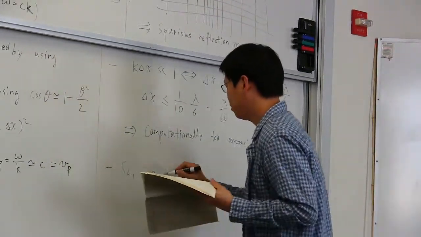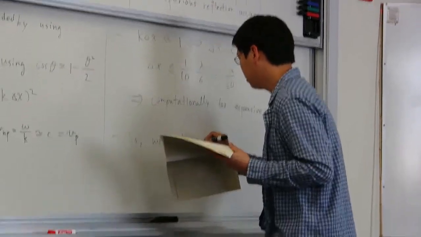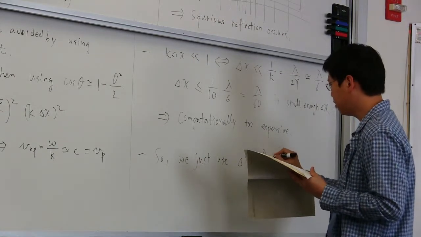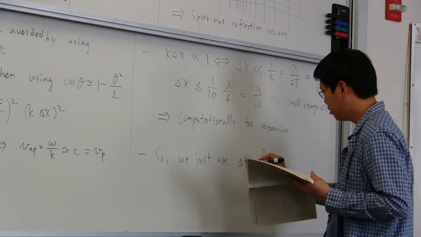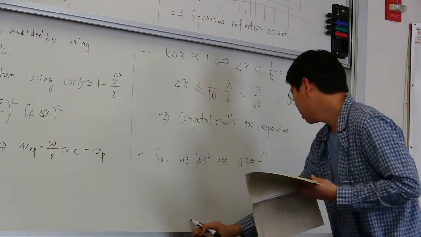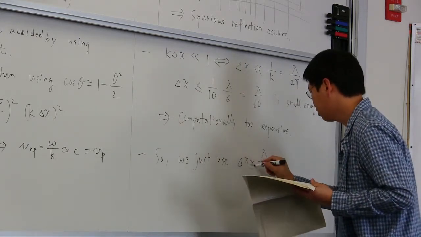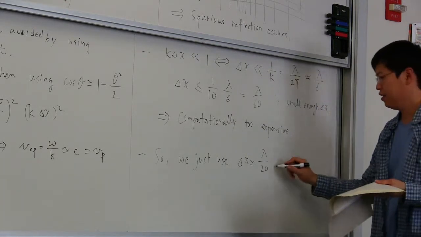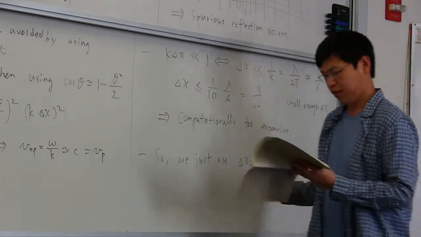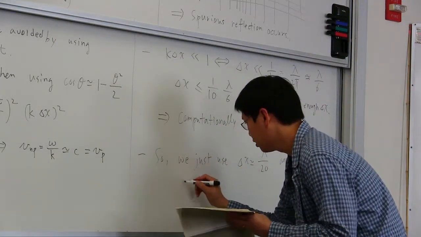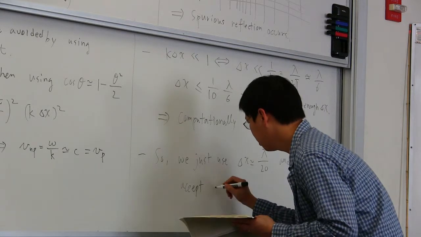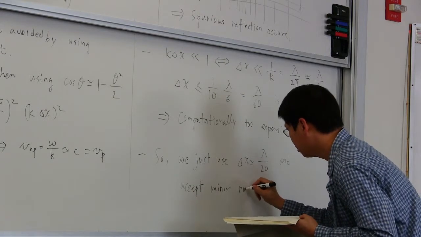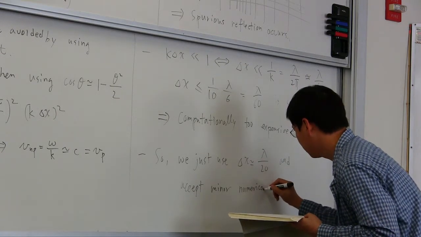So we just use delta x around lambda over 20, and there are minor problems.